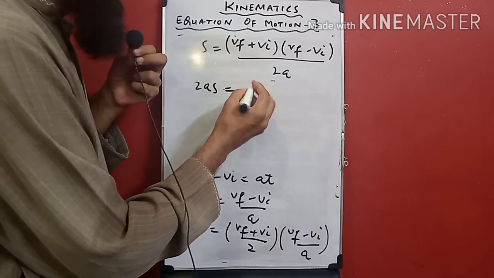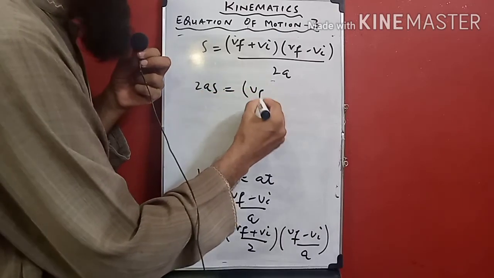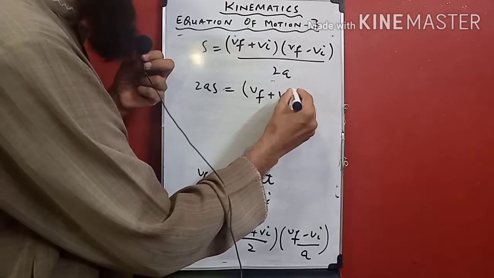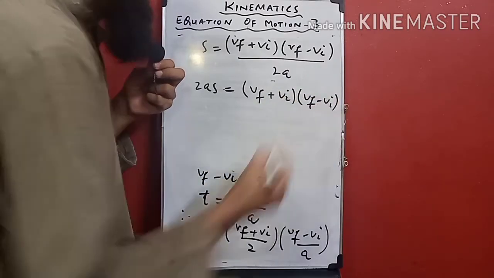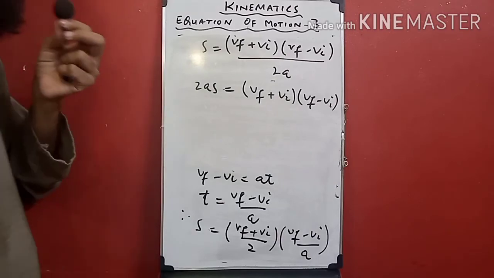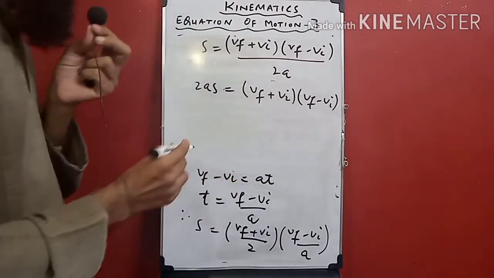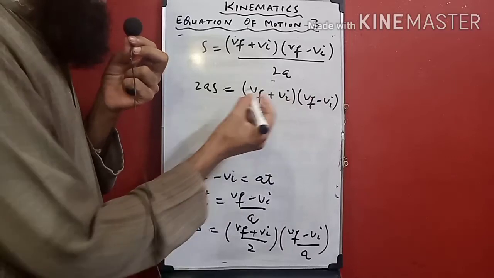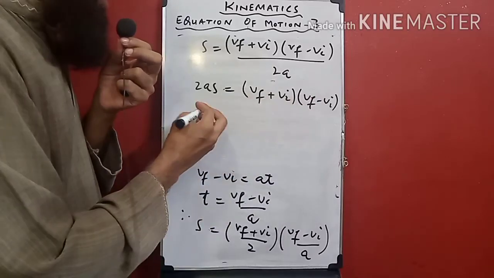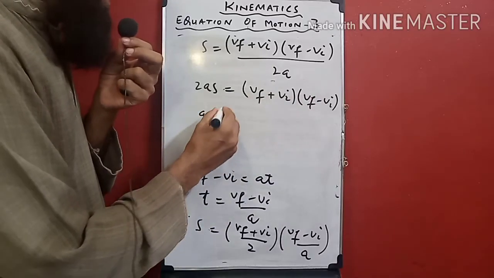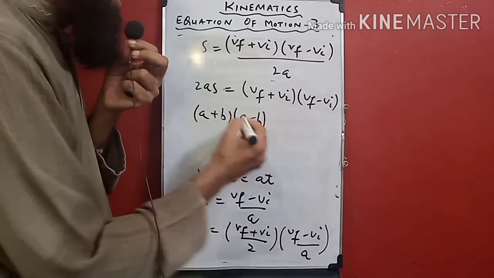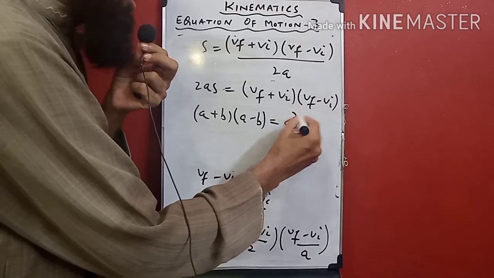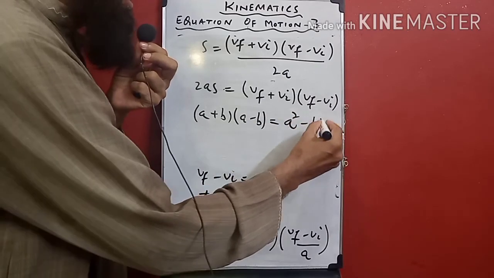2AS is equal to Vf plus Vi, Vf minus Vi. As per the mathematical formula, A plus B multiplied by A minus B is equal to A square minus B square.